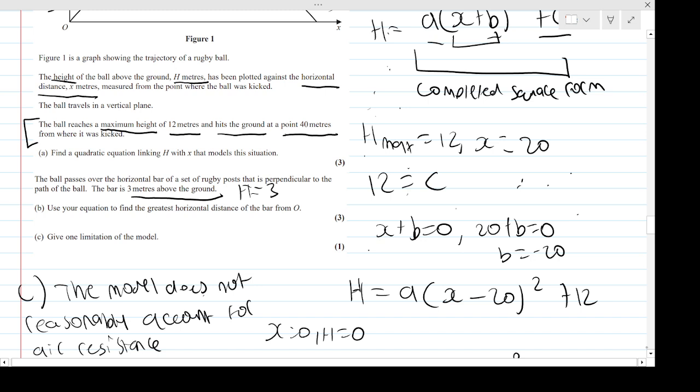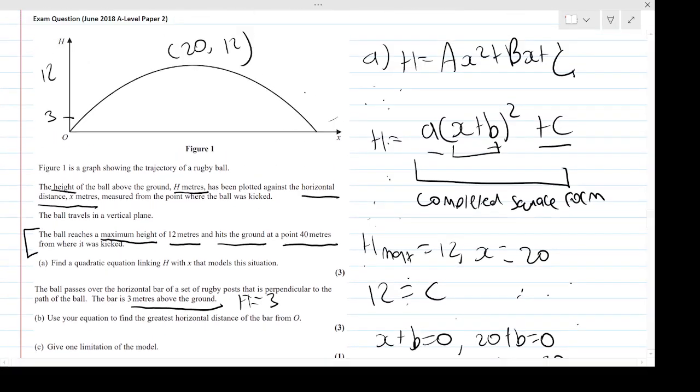It's going to be slowing down at certain points and so on. It would also affect, for example, not just the turning point and the maximum height, but also when it hits the ground as well.